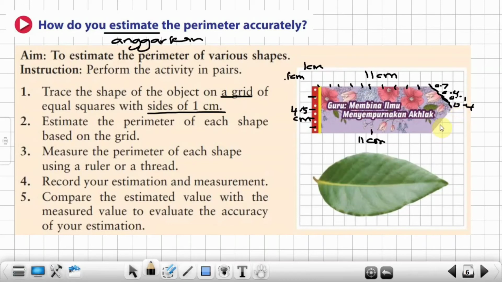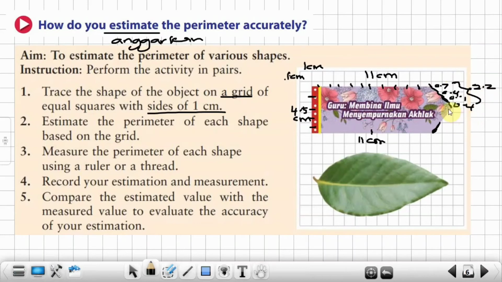Then, same goes here. We estimate this, maybe it's just the same with this lah, 0.7. So when I add up all these, it is 2.2.